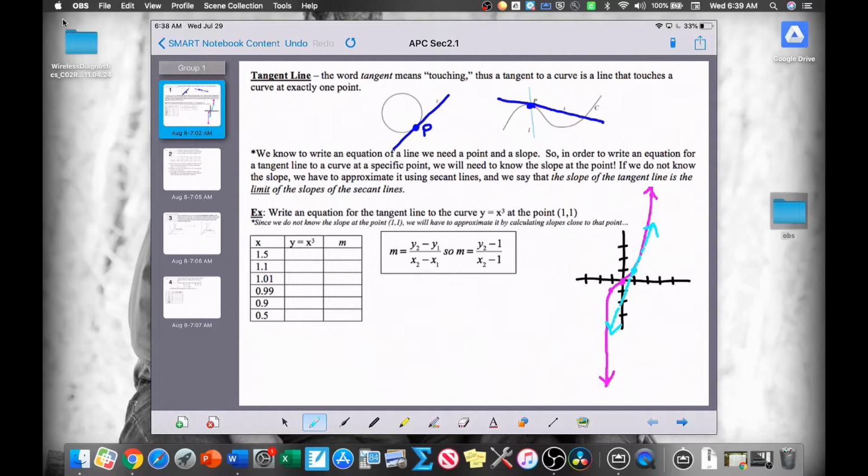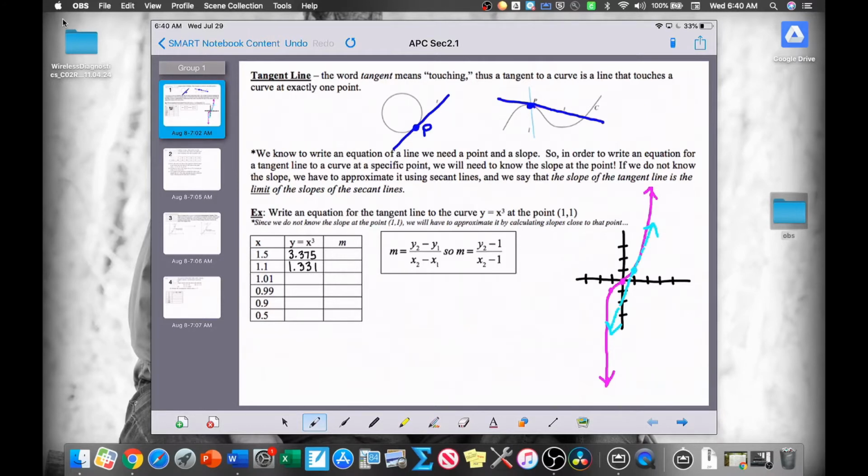First, we're just going to build a table of values here. So I am plugging 1.5 into y equals x cubed, so I'm just cubing 1.5. And when I cube 1.5, I get 3.375. Then I am going to cube 1.1. 1.1 cubed is 1.331.